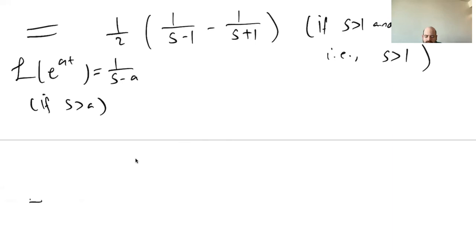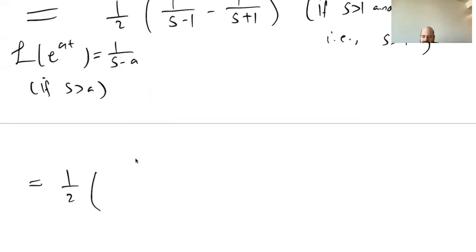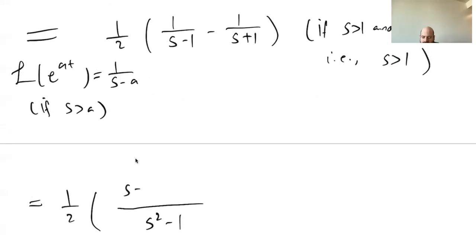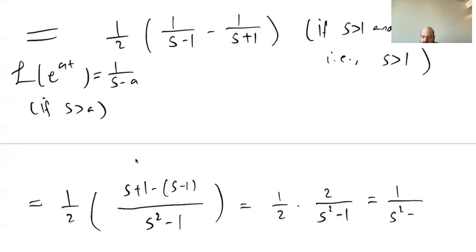And in that case, I will have 1/2 times 1 over s minus 1 minus 1 over s plus 1. Now the common denominator is s squared minus 1, and the numerator will be s plus 1 minus s minus 1. This will be 1/2 times 2 over s squared minus 1, which is 1 over s squared minus 1.